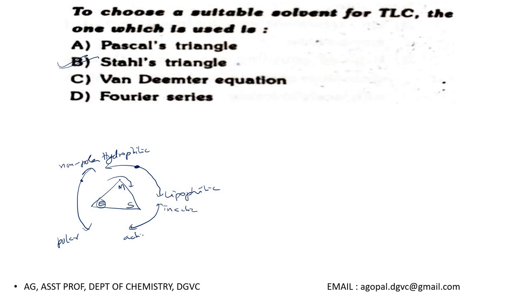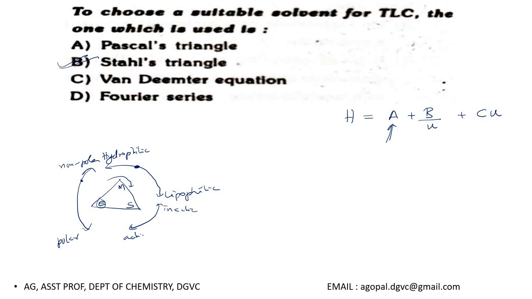Then option C, the Van Deemter equation. The Van Deemter equation is used to find the number of theoretical plates in chromatography. H is equal to A plus B by U plus C into U. This is the formula called the Van Deemter equation, where A is the number of paths available for the solute to move.